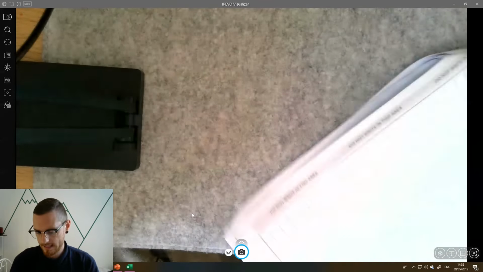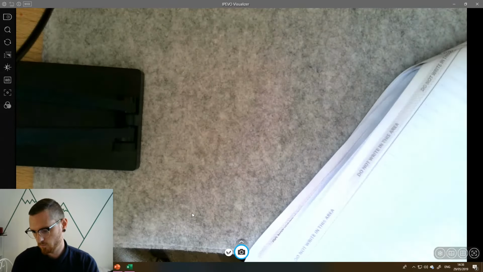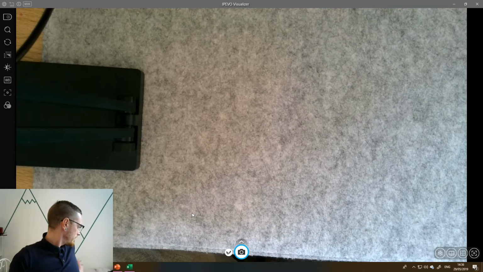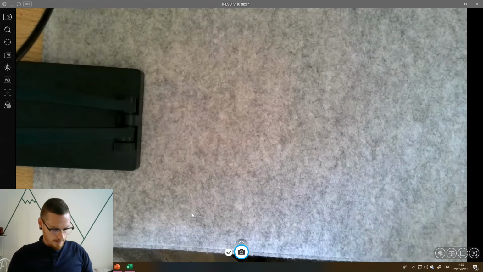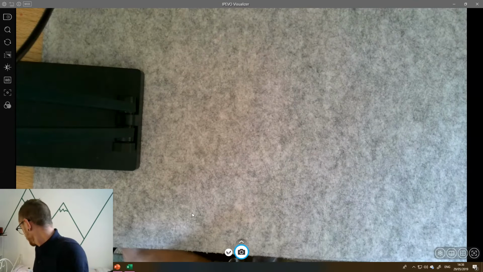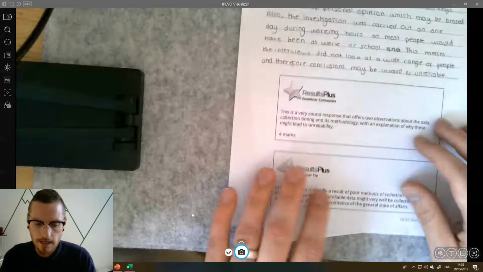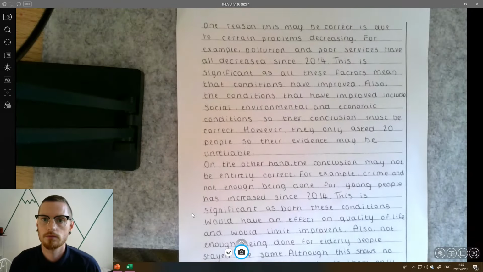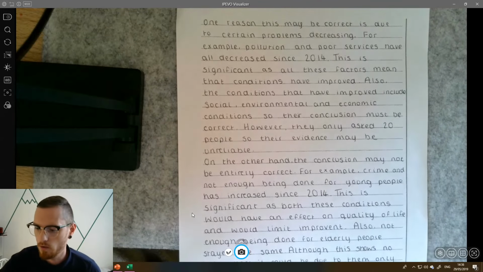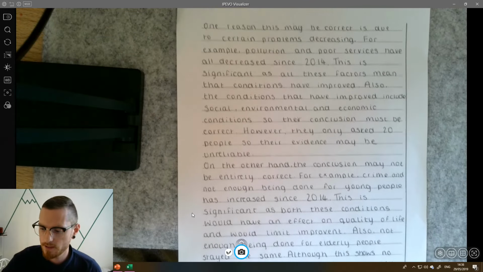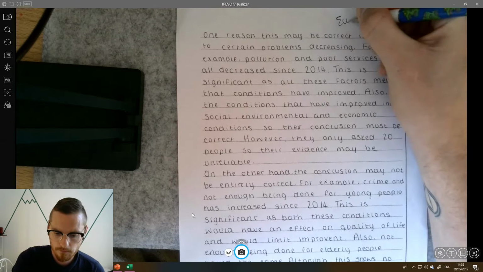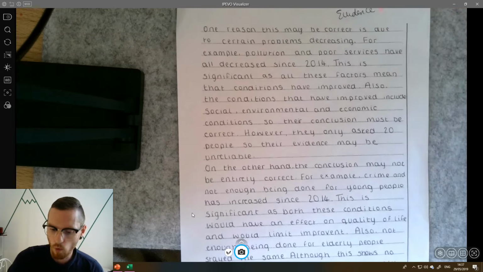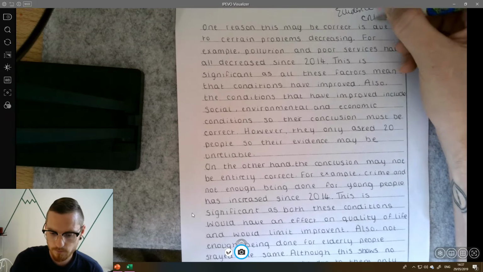So last thing to show us here is an example. And here it is. This is a student example from the exam board. All I'm going to do is highlight where they've used evidence, and they've also thought critically.